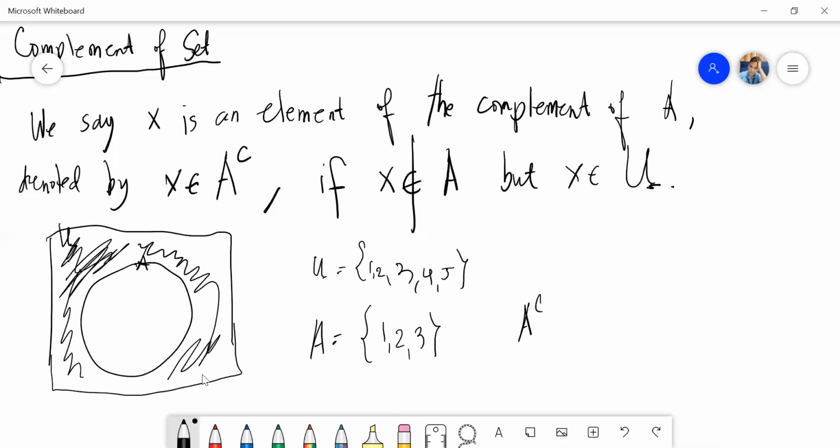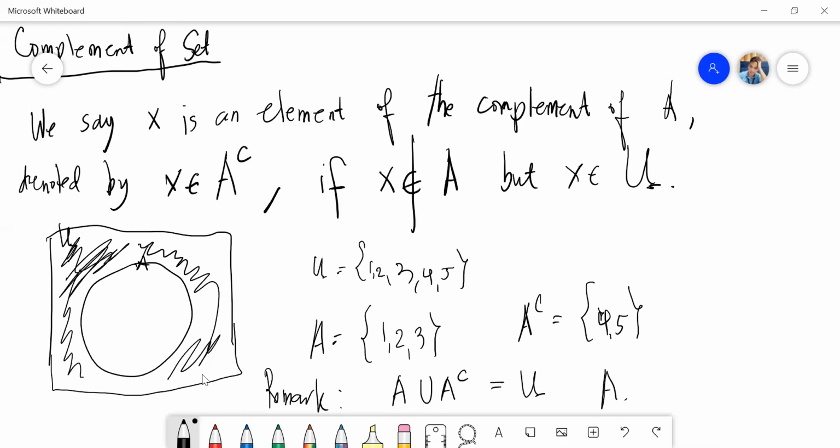So A complement is 4 and 5 only. By this definition, we would have a remark saying that A union A complement is the universal set, and A intersection A complement is empty because there's nothing common to these two. Therefore, the result is the empty set.